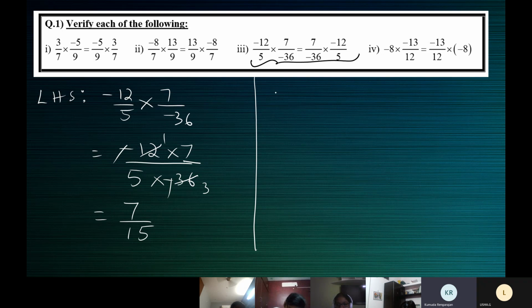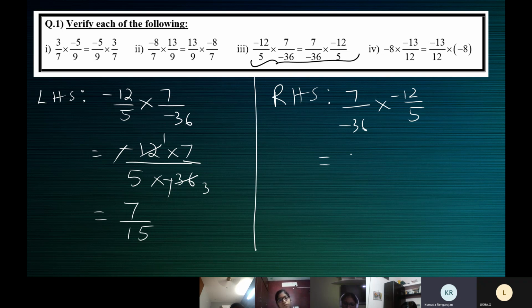And when you take the RHS, which is 7 by minus 36 into minus 12 by 5, we have to multiply these 2 rational numbers. We multiply the numerators and we multiply the denominators. No LCM. Again, you can simplify. 12 ones are 12, threes are 36.